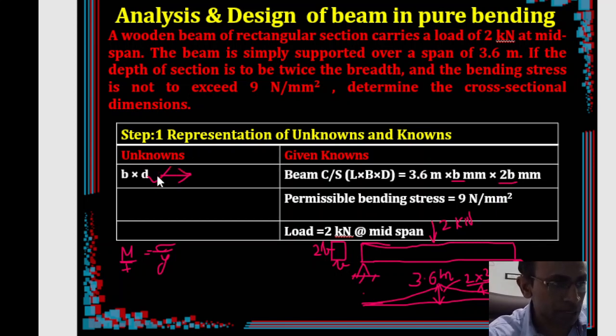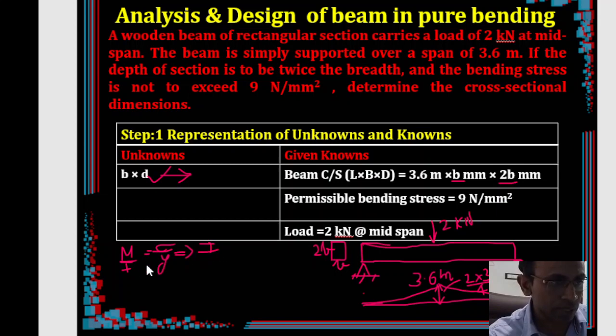So the term which is supposed to be worked out is I, because M is known, sigma is known, and y is also to be found, but we can express it in terms of the unknowns. The unknowns are b and d, right? Because we want I, except I, everything you have to shift to the other side.